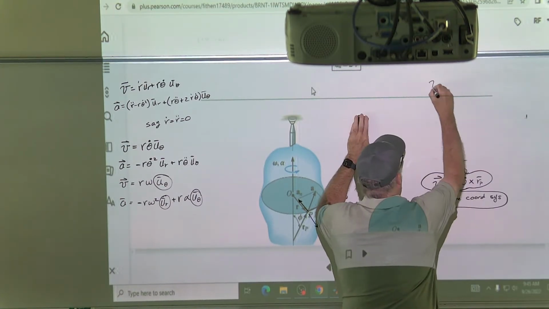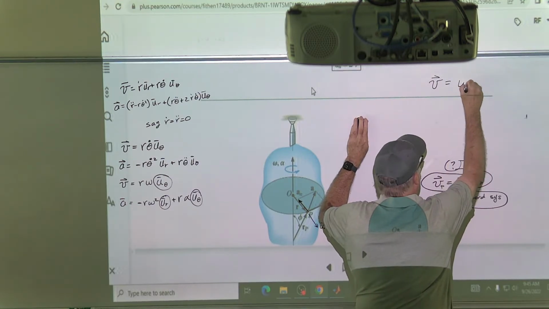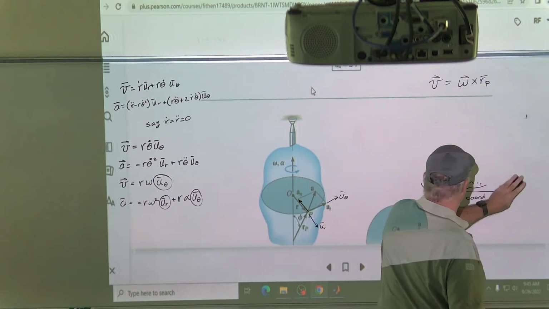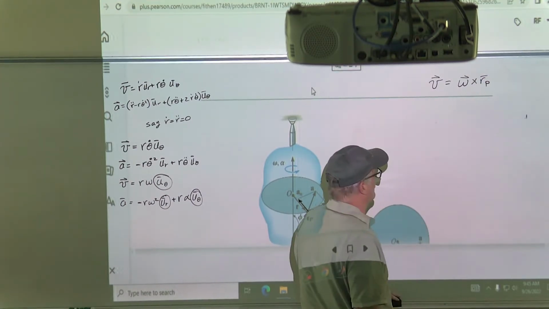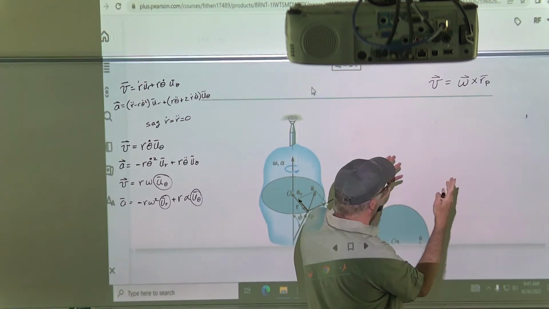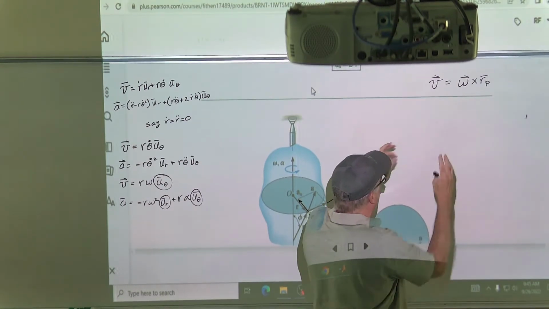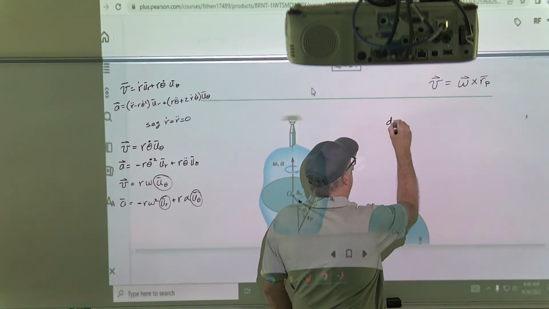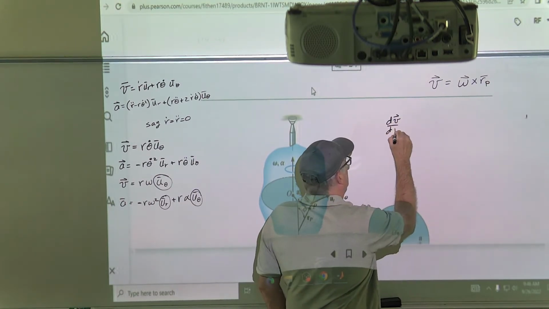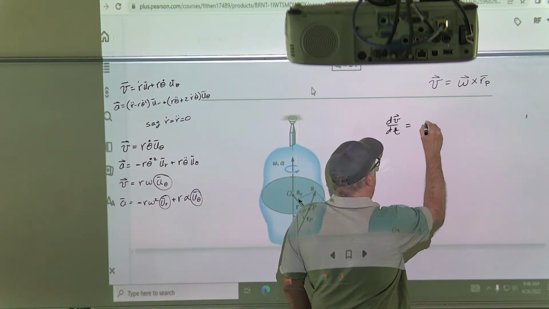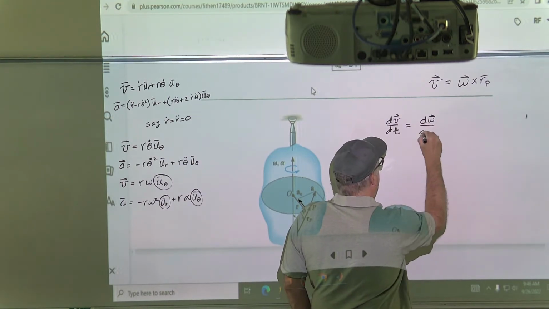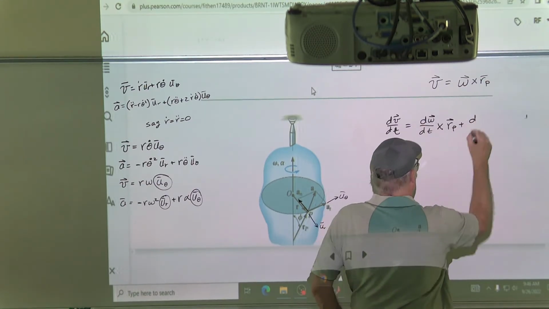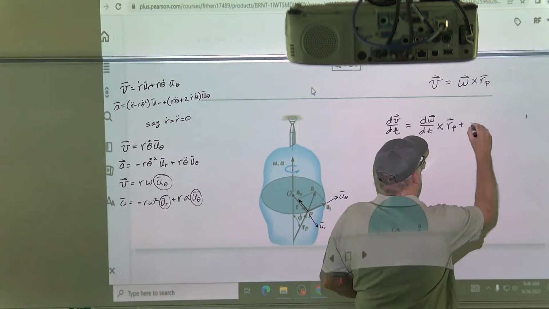So if you had the velocity of a certain thing like this, and you're in this new realm where your coordinate systems are embedded inside of that, I'm not dedicated to any particular coordinate system, then I can say this, that's supposed to be a T, is equal to omega cross RP plus, sorry, that's supposed to be omega.